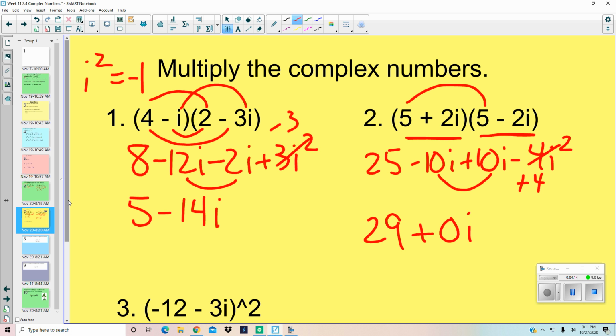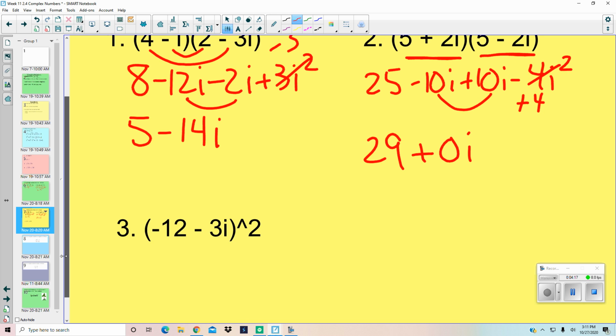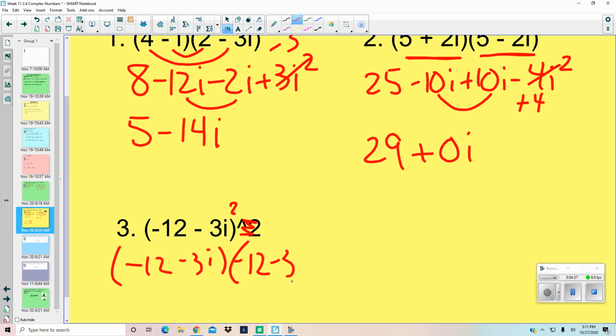All right, so the last one is, this should be just a square. I don't know why I typed it up like that. So really I'm doing -12 minus 3i times -12 minus 3i. So that's going to give me 144.